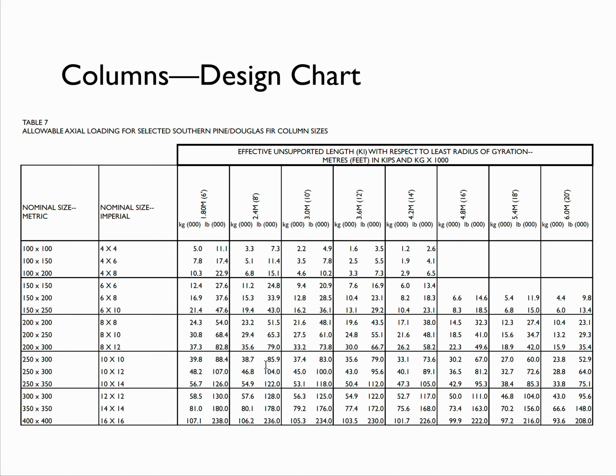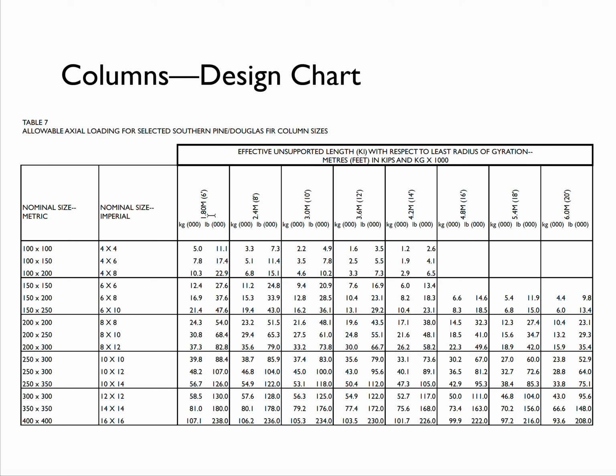Column design charts are there just like there are beam charts. In this one, they will show you a nominal size of what the column itself is. In this case, it's for wooden, southern pine, Douglas fir column sizes. In this, you can see on top, the top factor is the effective unsupported length, it's KL, with respect to its least radius of gyration. In other words, it sorted it for you.